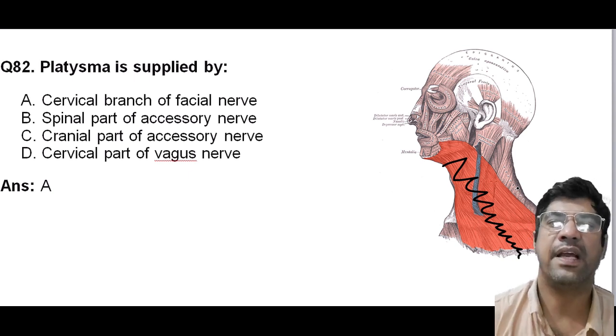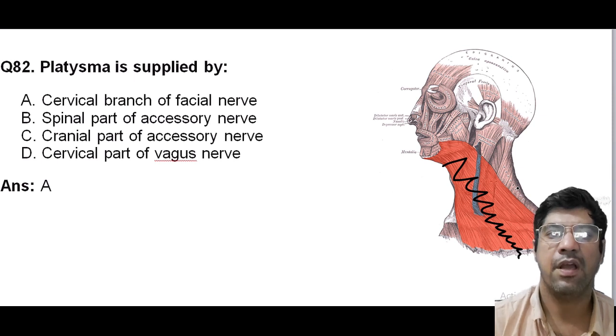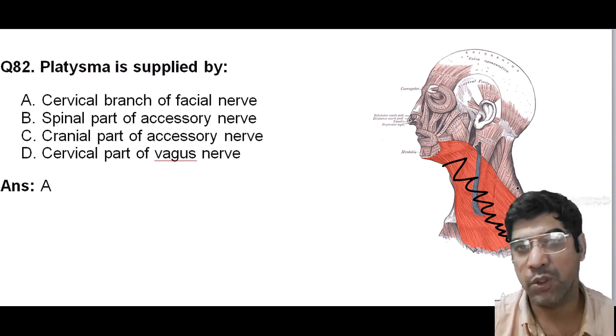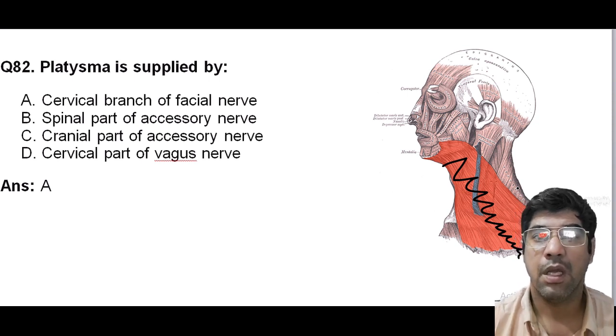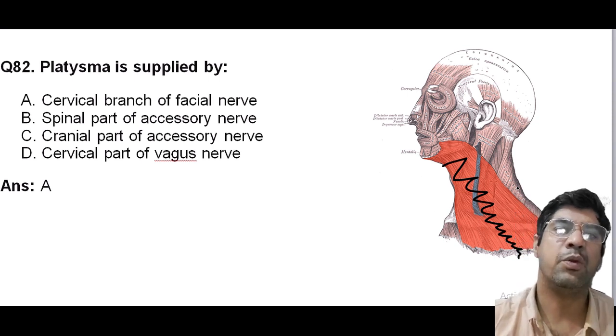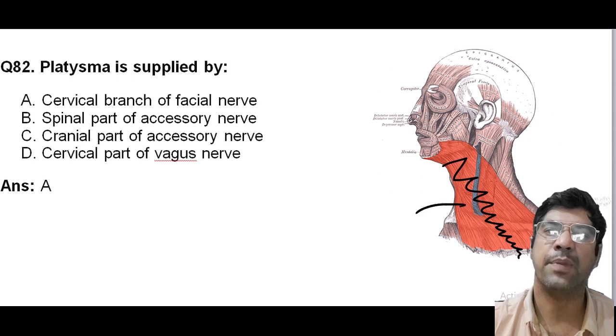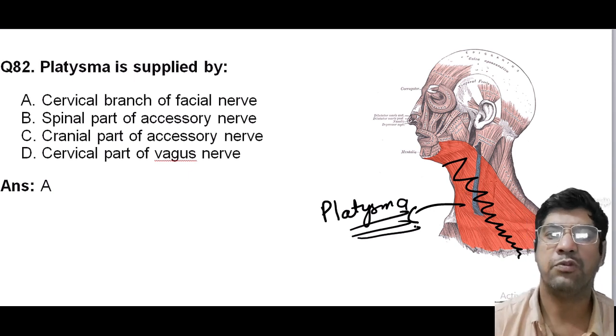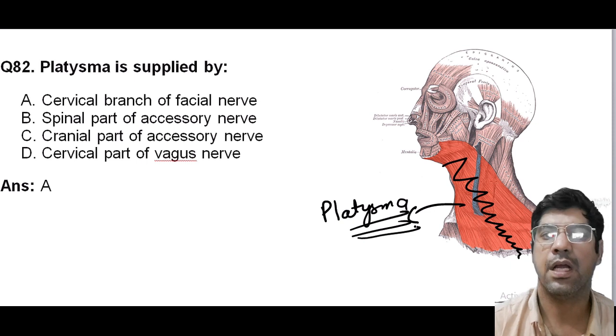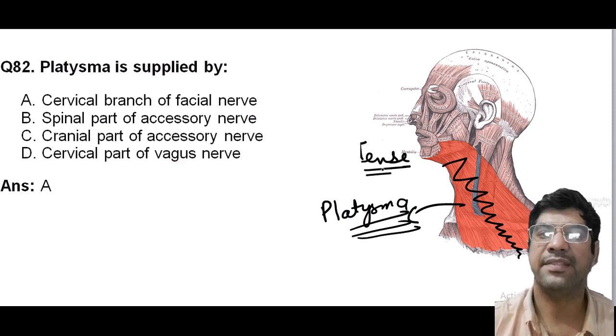Think of the facial nerve as the commander of your face muscles. So when you want to show emotion on your face, like surprise or a stern look, the facial nerve will send signals to different muscles including the platysma. So the facial nerve tells the platysma to slightly tighten, making your neck look a bit tense. So that is its action.